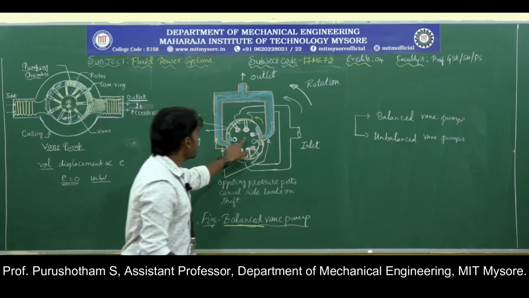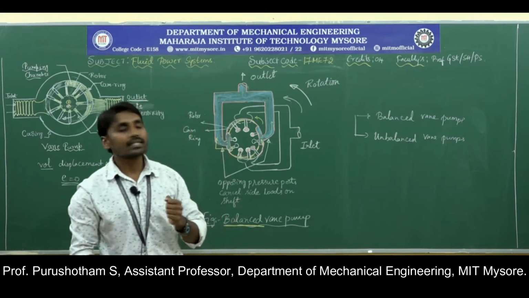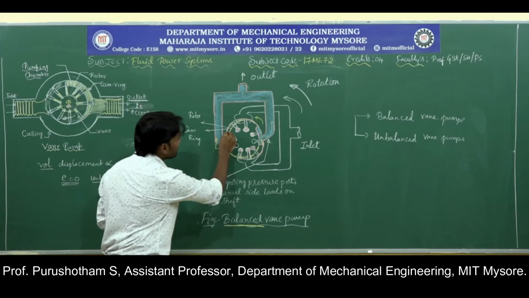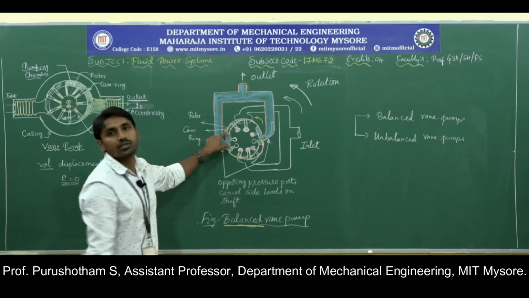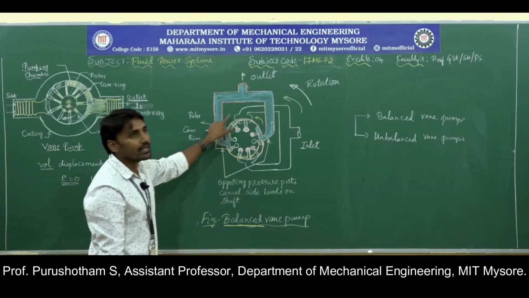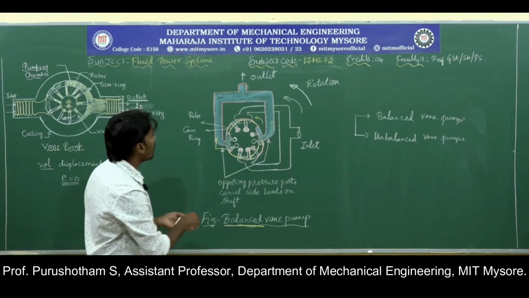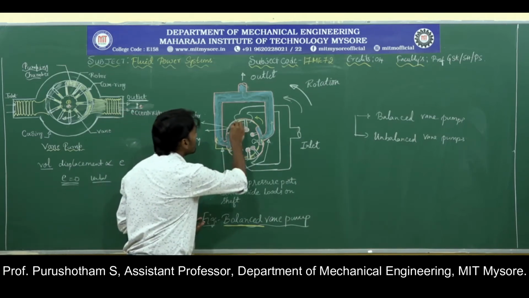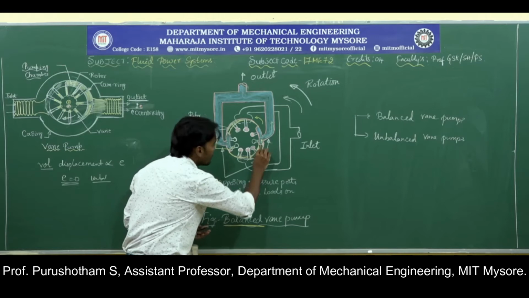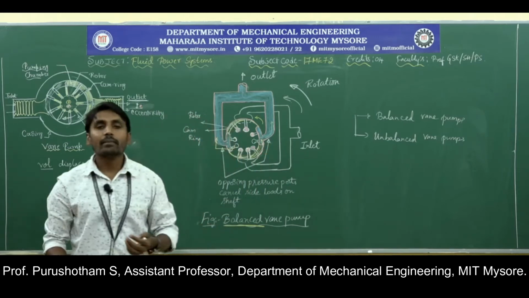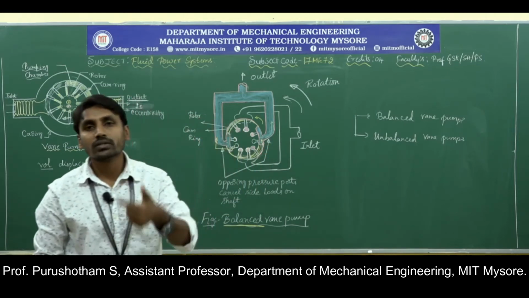Then one of the advantages here is, if you observe this, the cam ring is not circular in shape, it is elliptical in shape, hence it forms two pumping chambers which are diametrically opposite to each other.